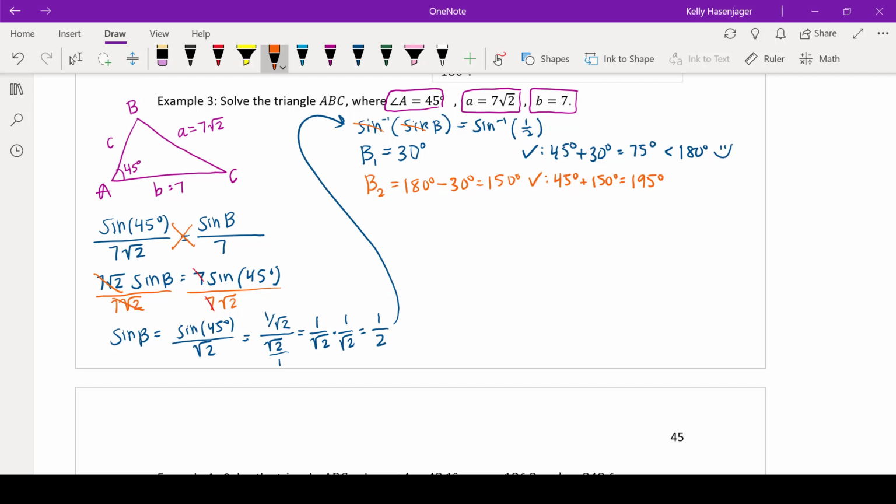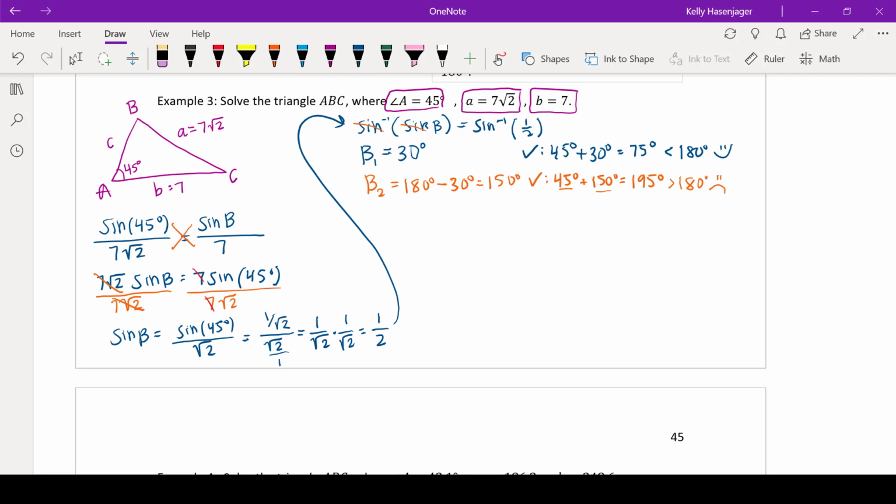That's not possible, because all three angles should add up to 180, and in this case, we only have two angles adding up to more than 180. So that tells us there's only one possible triangle, because this other angle doesn't work with the given conditions.